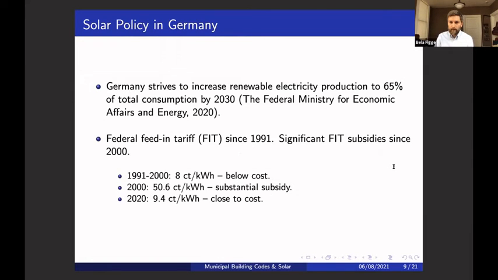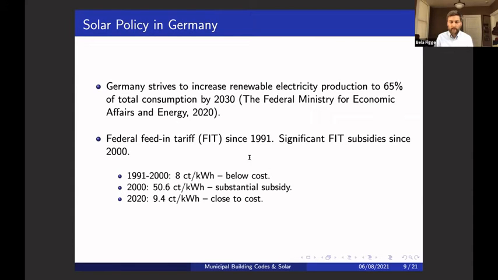In terms of the policy context here, Germany strives to increase renewable electricity production to 65% of total consumption by 2030. Currently, it's just over 50%. And solar plays an important role in reaching this goal. One of the main policy instruments so far has been a federal feed-in tariff, as we just heard, which was implemented in 1991.